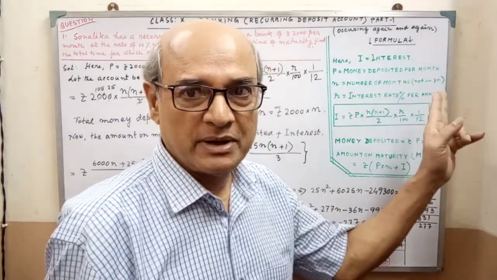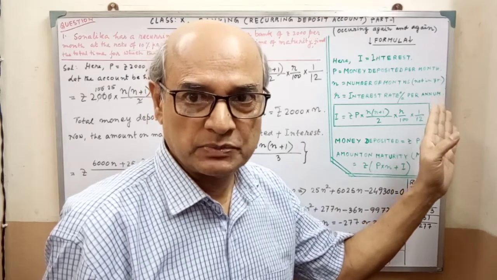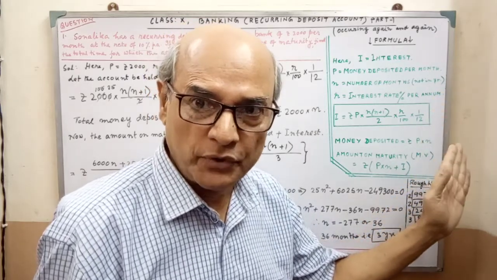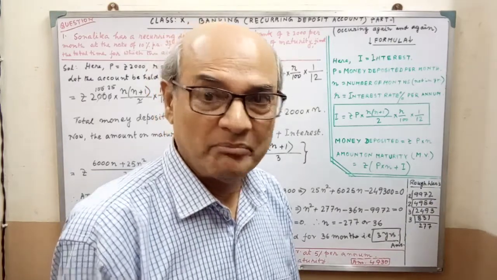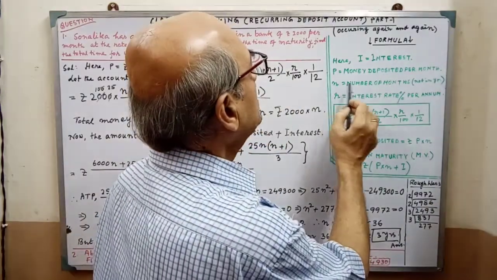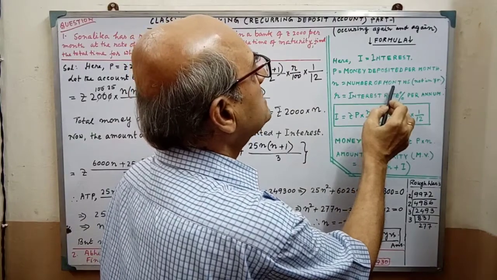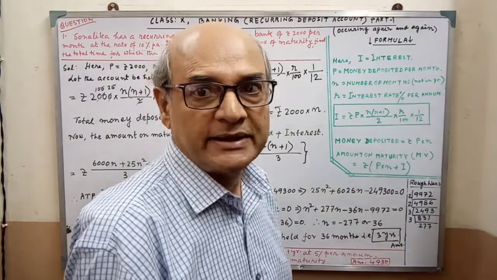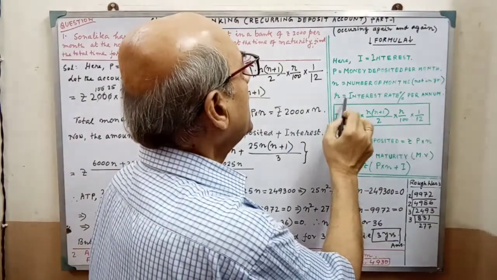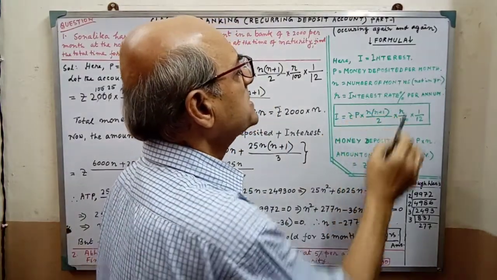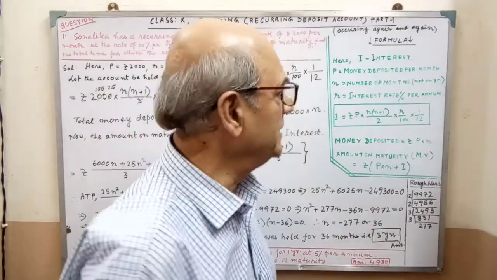If the account is for 3 years or 4 years, then years you have to convert into months. And n equal to number of months, that is not in years. And R is the interest rate percent per annum, yearly.